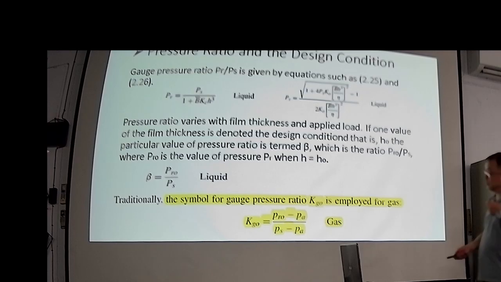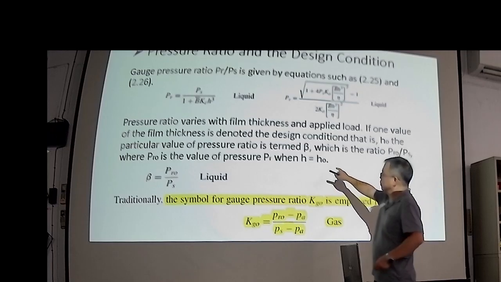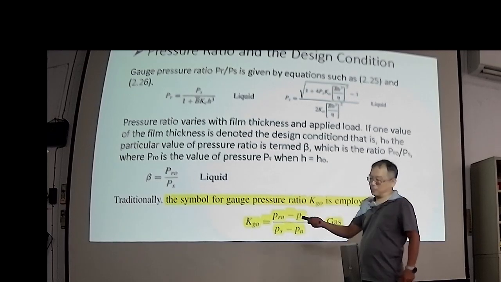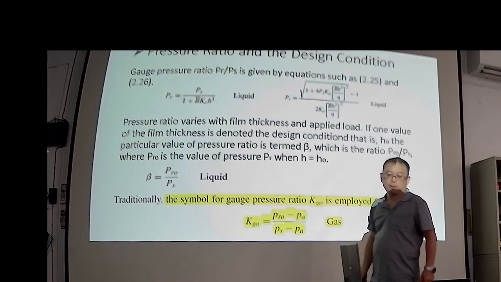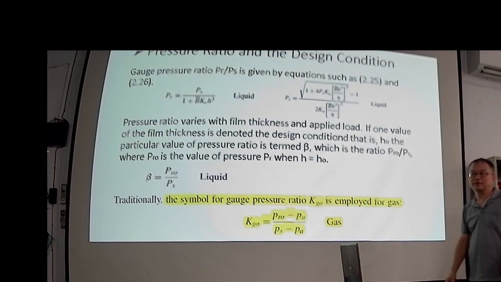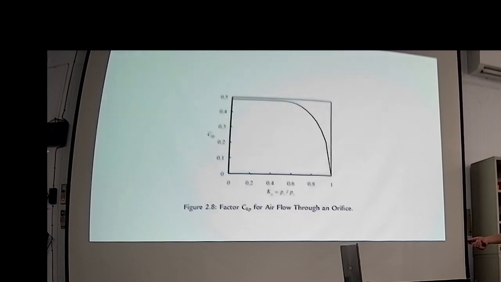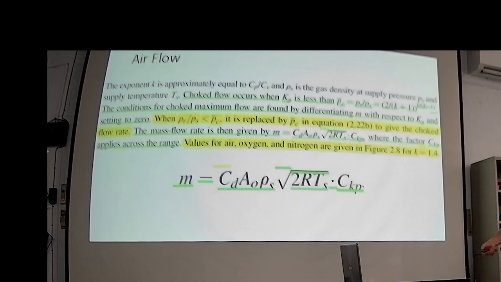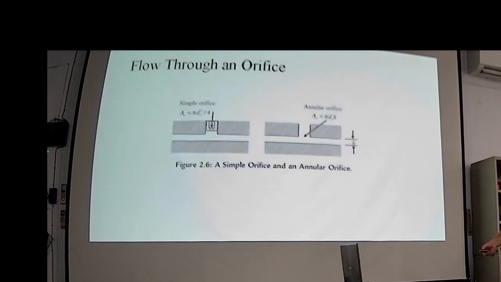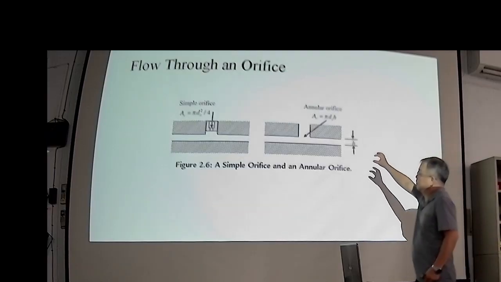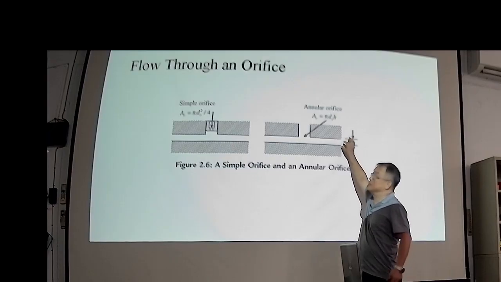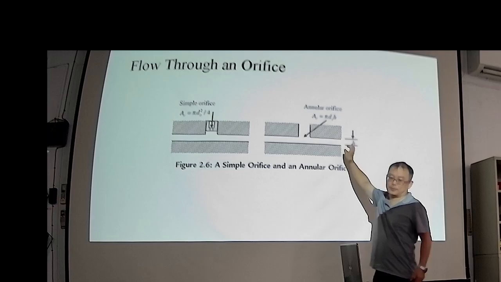So we have a footnote with zero here in the equation. H0 is the design film gap thickness. We have film gap thickness H here.